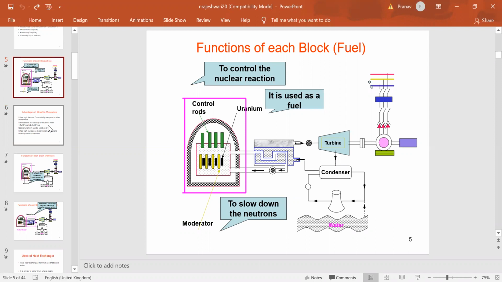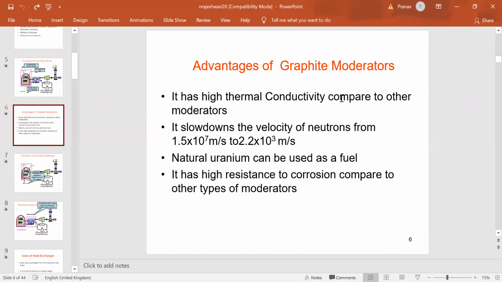And coming to the moderator used as graphite, the advantages of graphite moderators are it has high thermal conductivity compared to other moderators, and it slows down the velocity of neutrons from 1.5 × 10^7 meters per second to 2.2 × 10^3 meters per second.